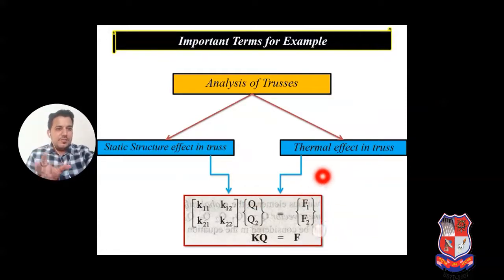When we are applying any thermal effect, at that time heat will be there. So here, instead of force, the temperature is there, and here the temperature distribution is there. This is the most important term that we have to learn in the thermal effect of the truss analysis.